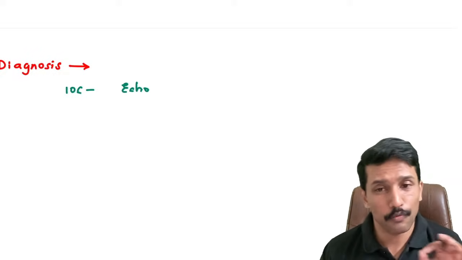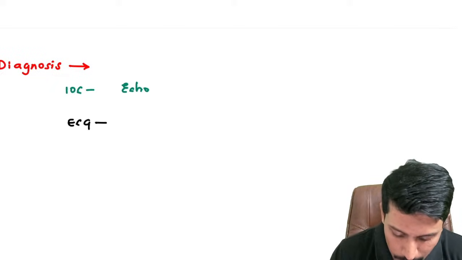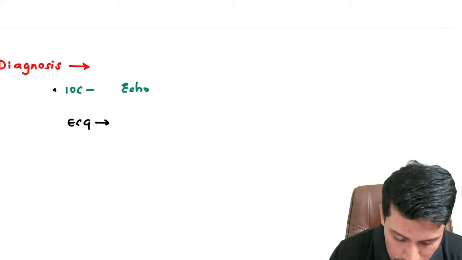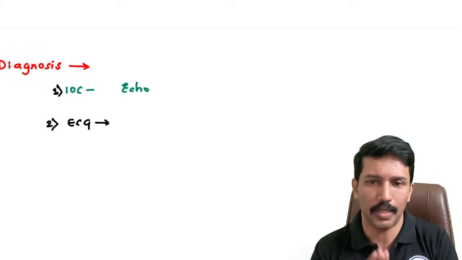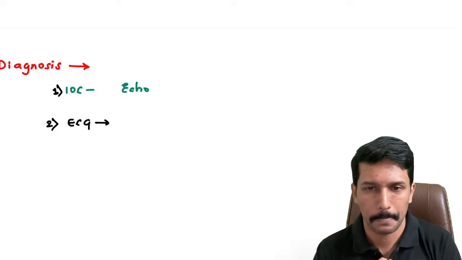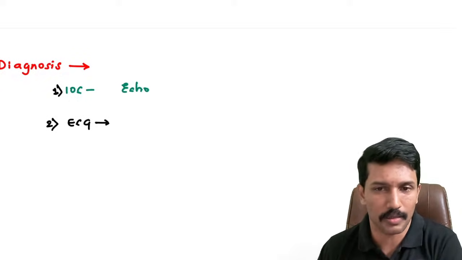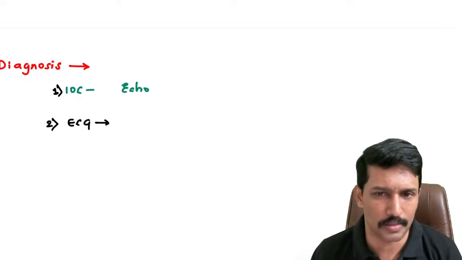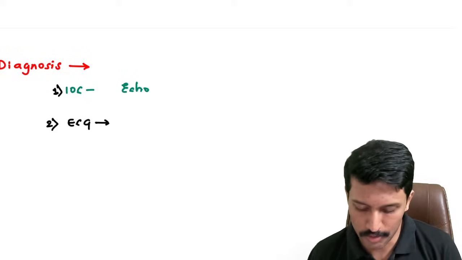But apart from that, you can also mention what findings you are going to get on ECG. In a patient, the investigation of choice is echo. ECG alone is not enough for the diagnosis of aortic stenosis. But if I have done it, what am I going to expect? Patients may present with angina, and I don't know if it is MI or aortic stenosis, so I will do an ECG. If it is MI, the ECG will show it. If not, what findings will I get in aortic stenosis?